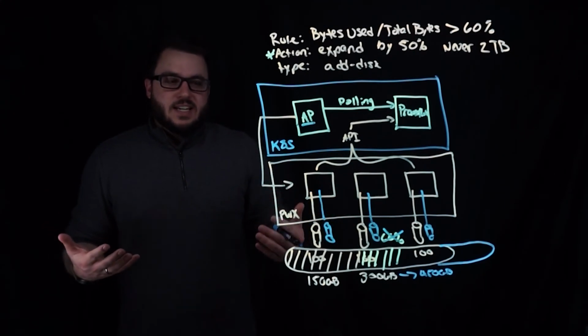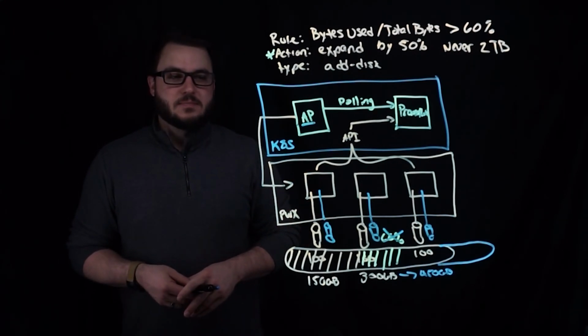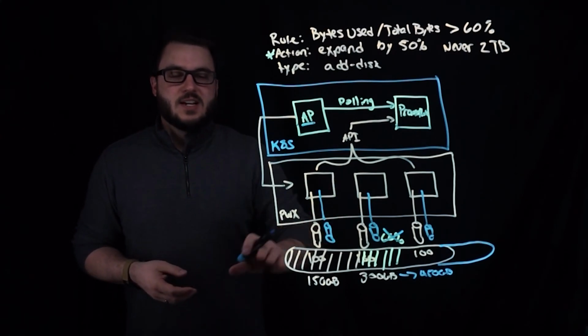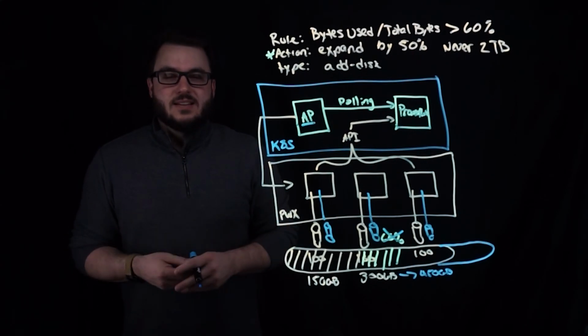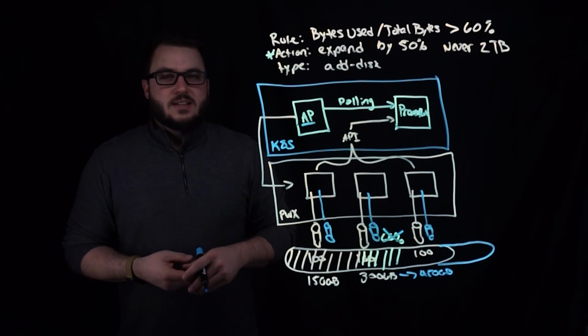So again, this is specifically the add disk type, and pretty self-explanatory. It adds a physical disk to the underlying infrastructure and allows Portworx to gain the extra space for the total pool for your PVCs.